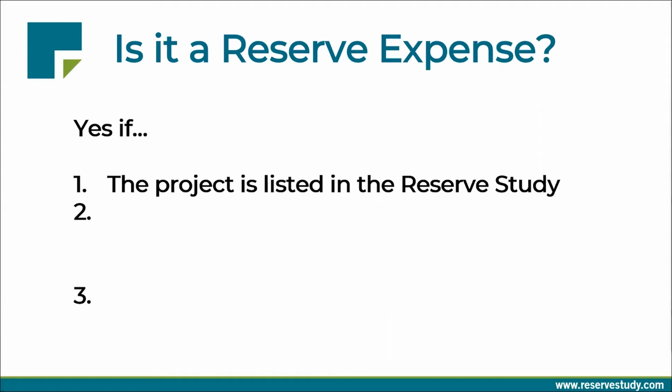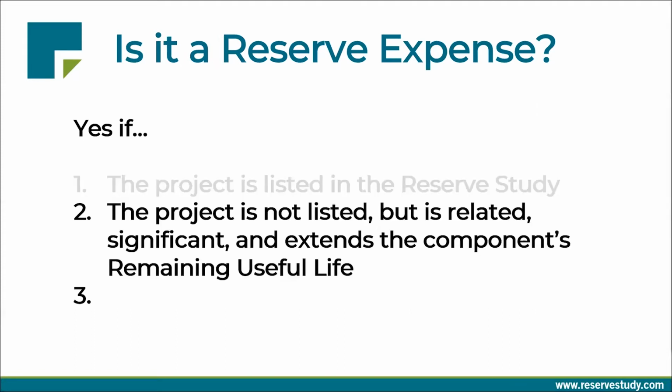Or many times in the reserve study, you'll see a full paint job of the property, and then in the operating budget, maybe there's an annual touch-up or maintenance. So those are separate. Got it. Yeah. So next, consider if it's related to that component reaching its full remaining useful life.